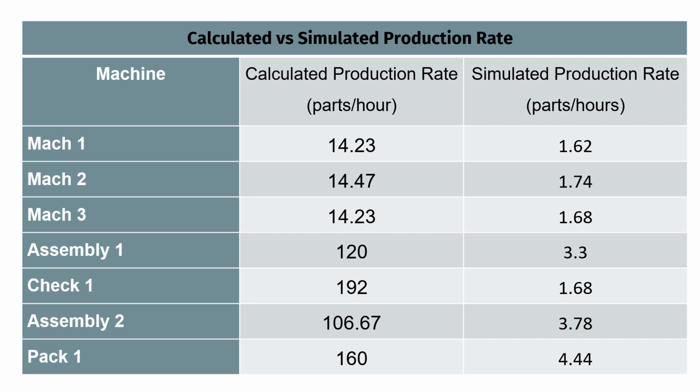For check 1, 192 parts per hour and 1.68 simulated. For assembly 2, 106.67 calculated and 3.78 parts per hour simulated. For pack 1, 160 parts per hour and for simulated 4.44 parts per hour.